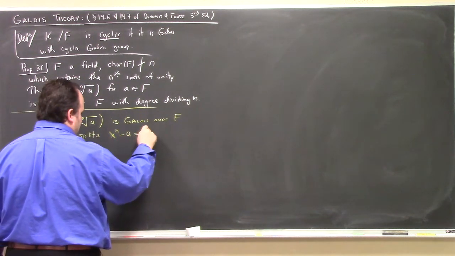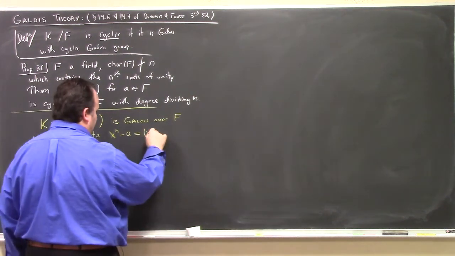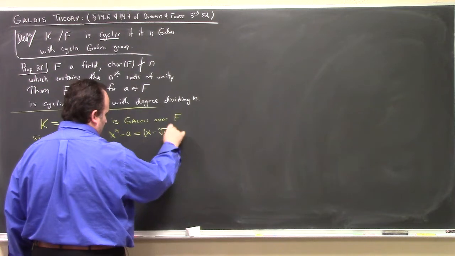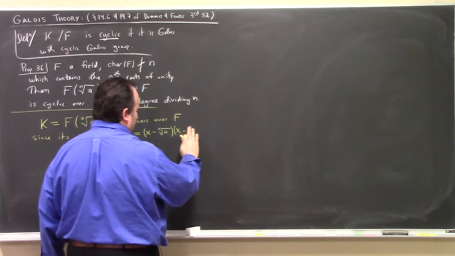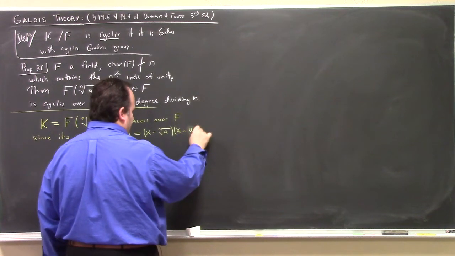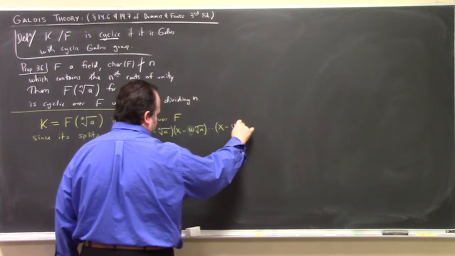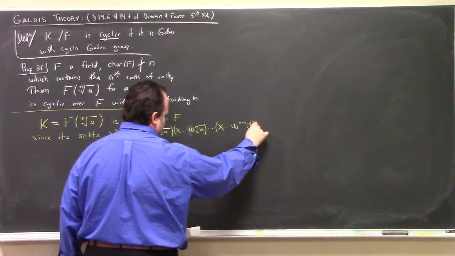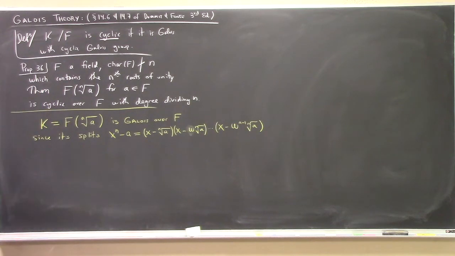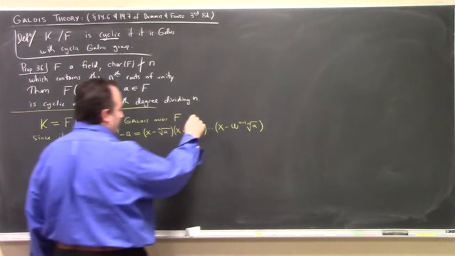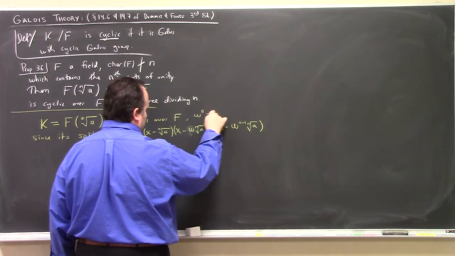So x to the n minus a, this is basically that test problem you had, by the way. This is x minus the nth root of a, times x minus omega nth root of a, through x minus omega to the n minus 1 nth root of a, where omega to the n is equal to 1.